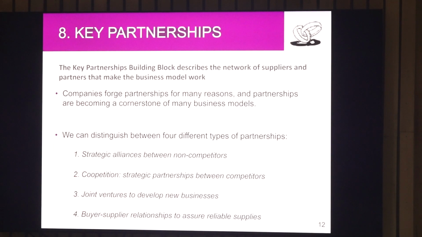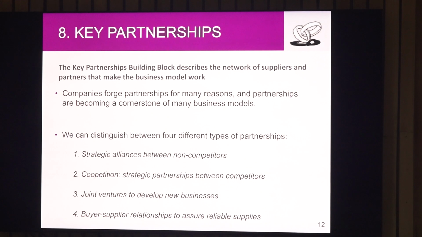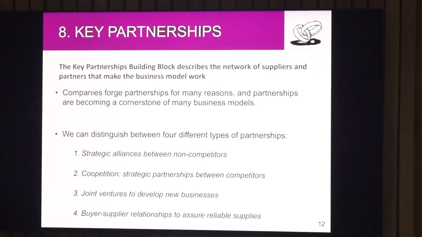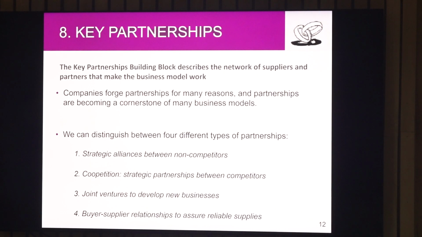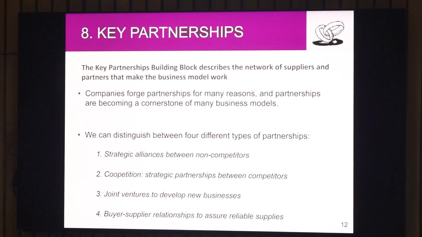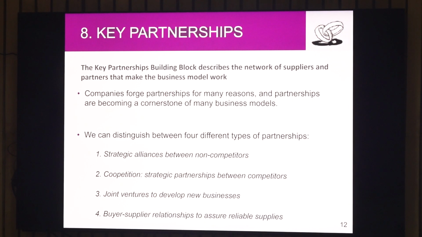I'll give you examples for each of these. Co-opetition is about strategic partnership between competitors. Joint ventures to help develop new ideas or bring to the market new products. And buyer-supplier relationships to assure continuous or reliable supply of goods.